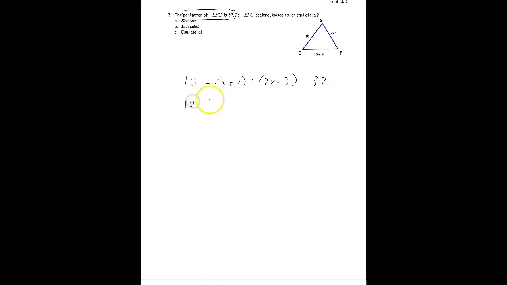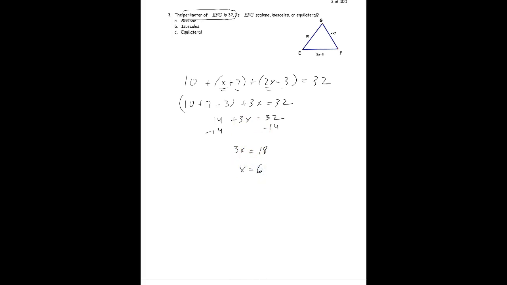We have 10 plus 7 minus 3. And then we have x and 2x, so combine those. 10 plus 7, 17, minus 3 is 14, plus 3x equals 32. Subtract 14 from both sides to get 3x equals 18, x equals 6.